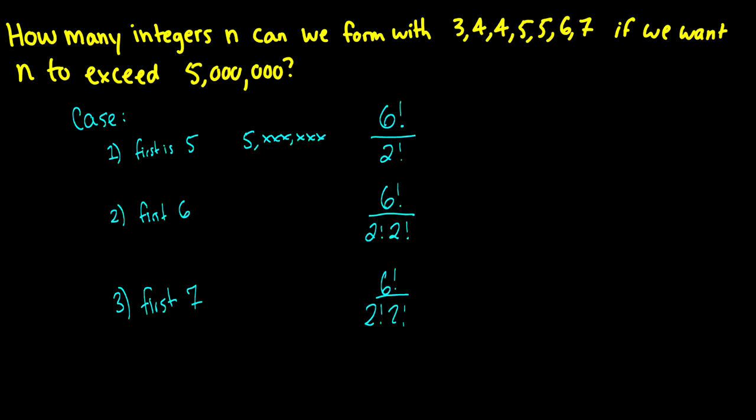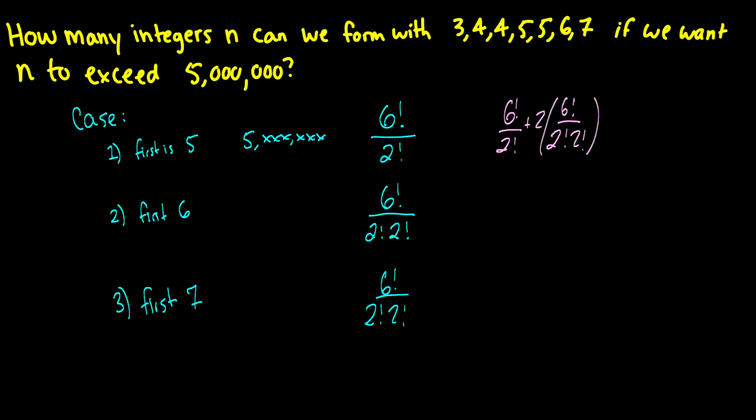So that's not that bad. We're going to have 6 factorial over 2 factorial plus 6 factorial over 2 factorial 2 factorial plus that same thing. In fact, why don't we just write it like plus 2 times 6 factorial.